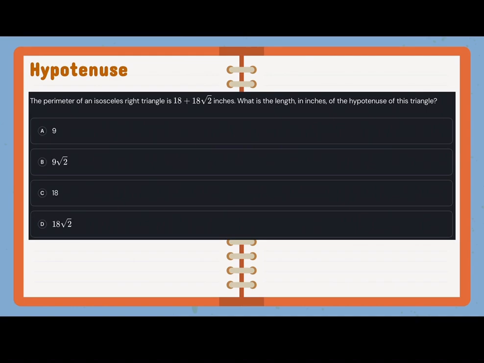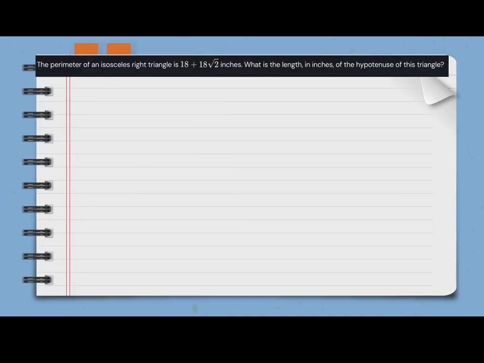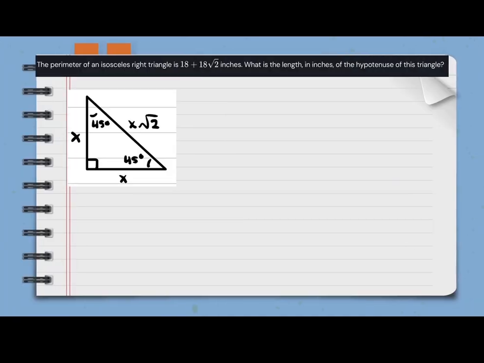Okay, this is one of the more difficult questions, and you will most likely see something like this on the SAT, where we have the perimeter of an isosceles right triangle, and it is 18 plus 18 times root 2. Now, this is one of the special triangles. You actually will be given this formula on the SAT.